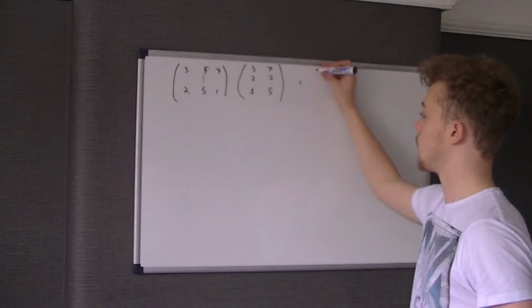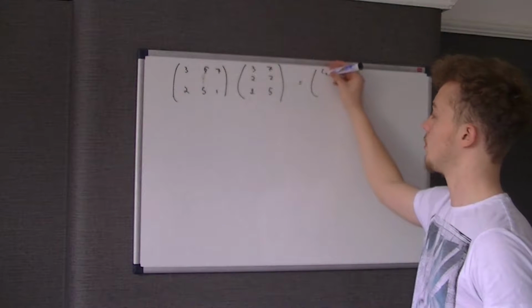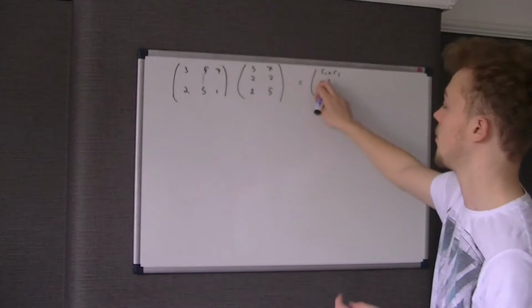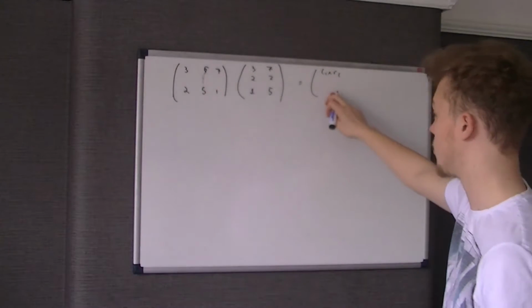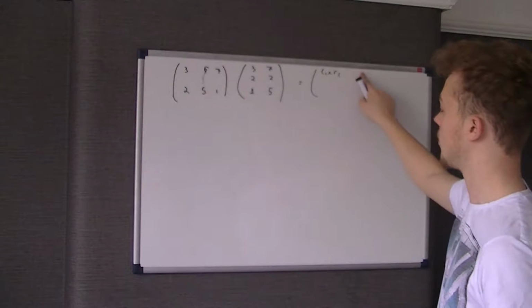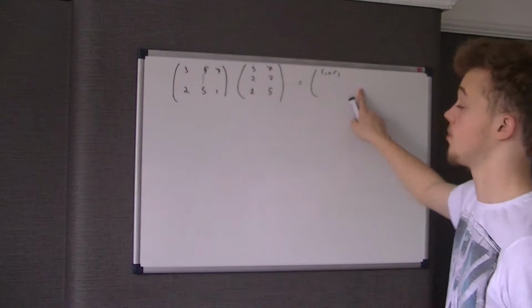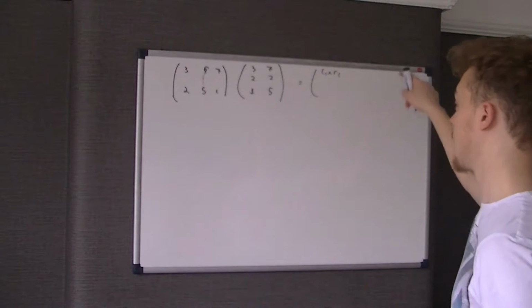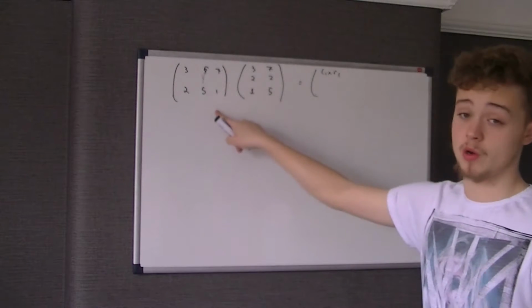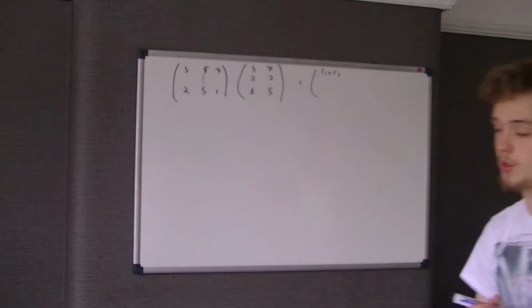When you put it in your answer matrix, the first column is all to do with column 1, so column 1 times row 1, column 1 times row 2, column 1 times row 3, and so on. Then you would do column 2 times row 1, row 2, row 3, and then the next column would be column 3 times the rows if there was one, and you would go on and on.